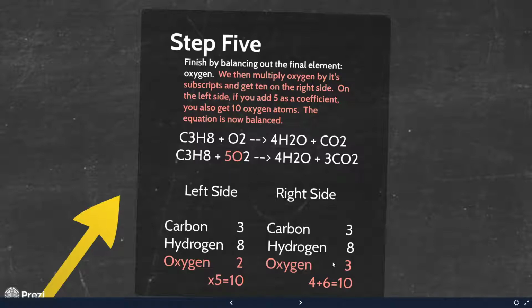So we'd have to figure out what times 2 is going to equal 10. So we'll put a coefficient by the oxygen there. Now what will happen often, especially with these types of problems, is that you're going to need to balance it multiple times in order to get the numbers right, and that's perfectly fine.